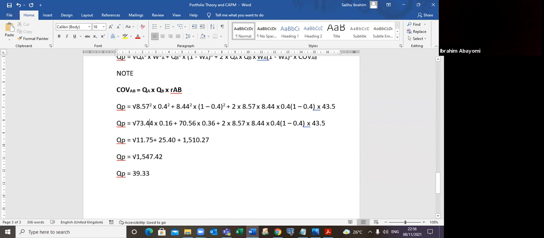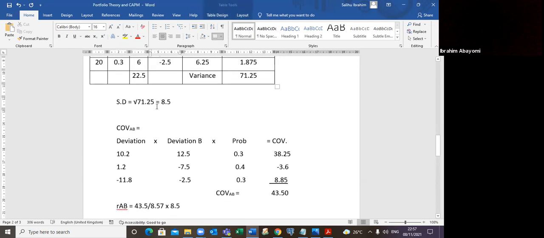Let me check. I'm sure there is some mistake in our multiplication here. Let me go through the formula again. This seems to be too high for me. This is not 0.4, it's 0.44.